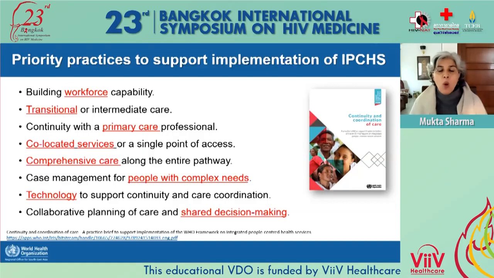The third important priority is continuity with a primary care professional. There has to be one primary care professional who provides some level of continuity and helps to coordinate all of the services that the patient or the client needs. Co-location of services or a single point of access is another really key priority to think through. And comprehensive care along the entire life course of the patient or the client is another priority.